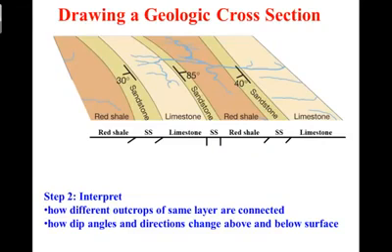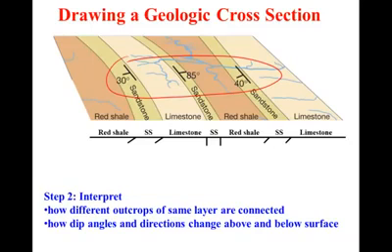To draw a cross-section, the next thing we're going to want to do is interpret how different outcrops of the same rock layer are connected above and below the ground surface. And we do that by making an interpretation of how the dip directions and angles change. Again, on the map, dip direction and angle have been measured where the layer intersects the ground, and it may change below the ground.